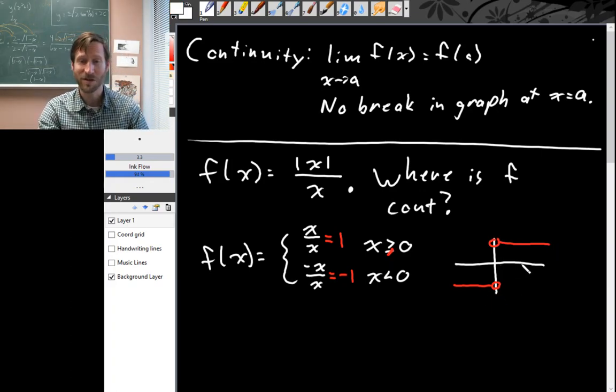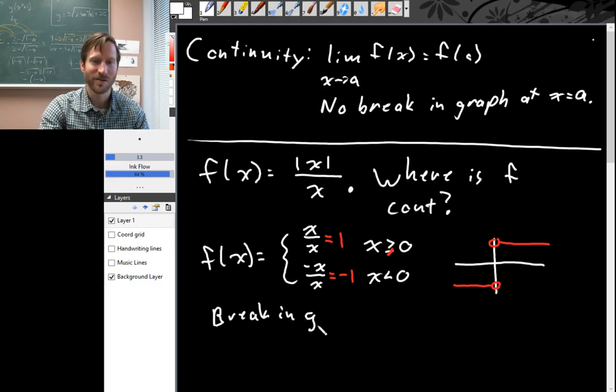Okay, now that we know what the graph of this looks like, it's pretty straightforward to figure out where this is continuous. We just have to ask ourselves, where are there breaks in the graph? And the only break in the graph is at x equals 0.